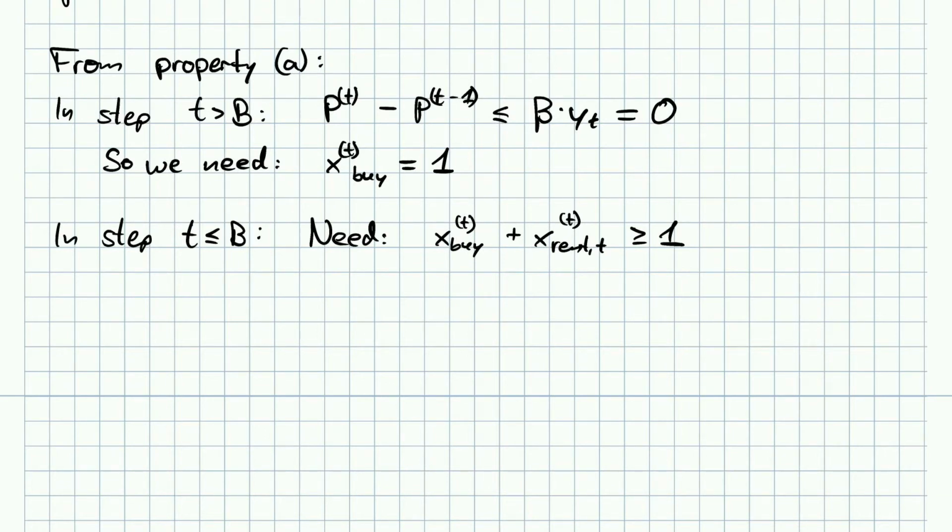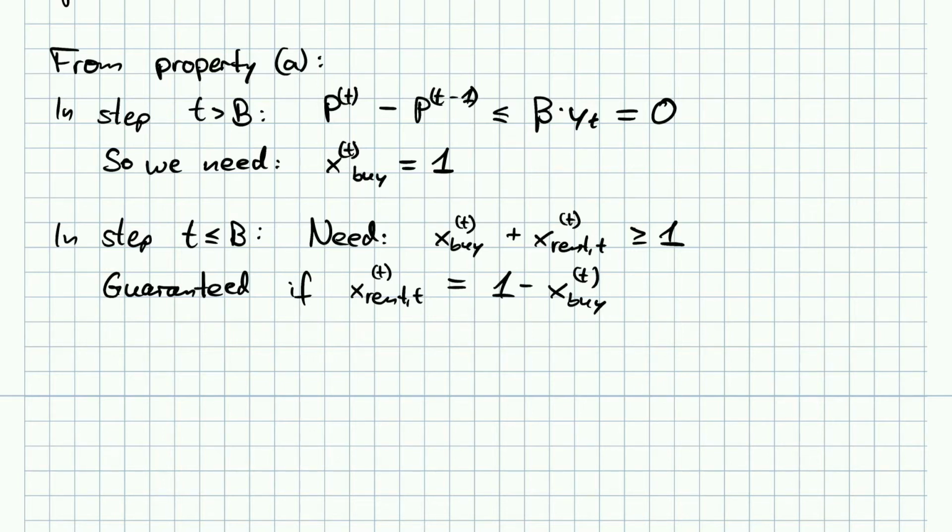We can say that we set the rent variable to exactly the gap between 1 and the buy variable. So this is guaranteed if we set x_t^rent to be 1 minus the buy variable. Good.